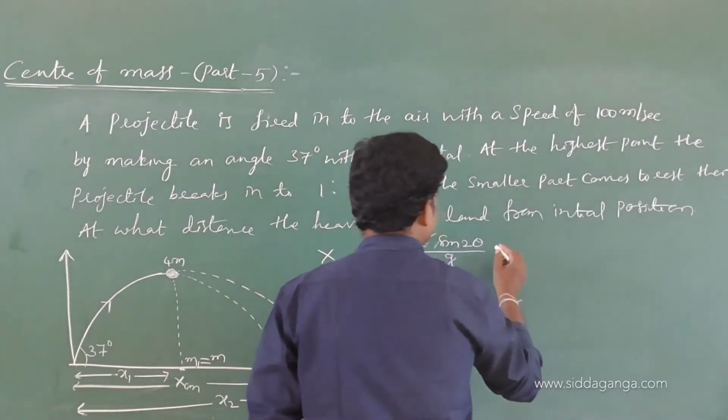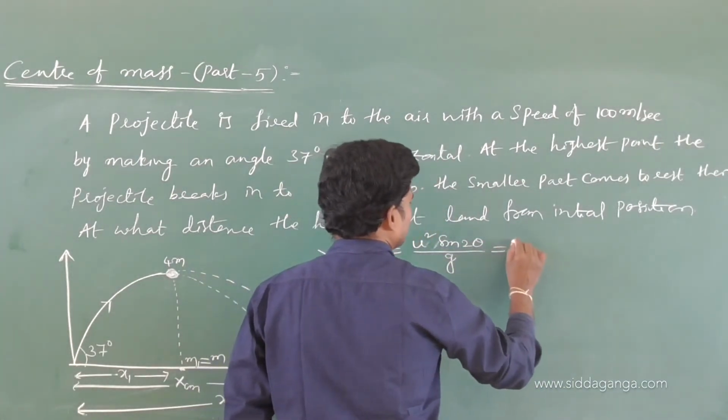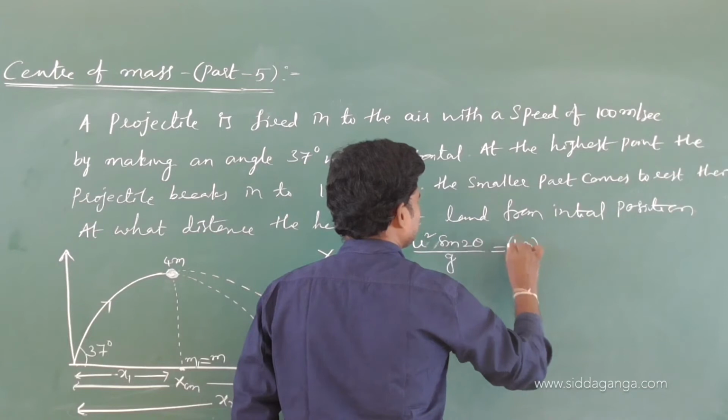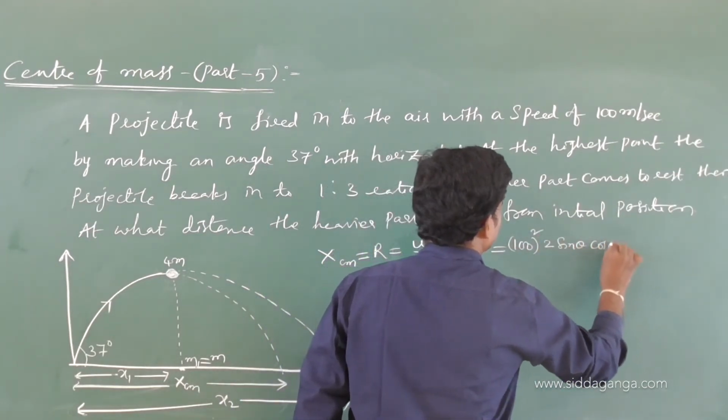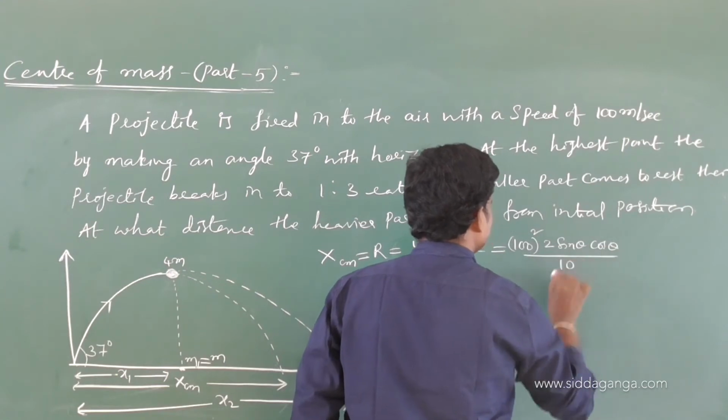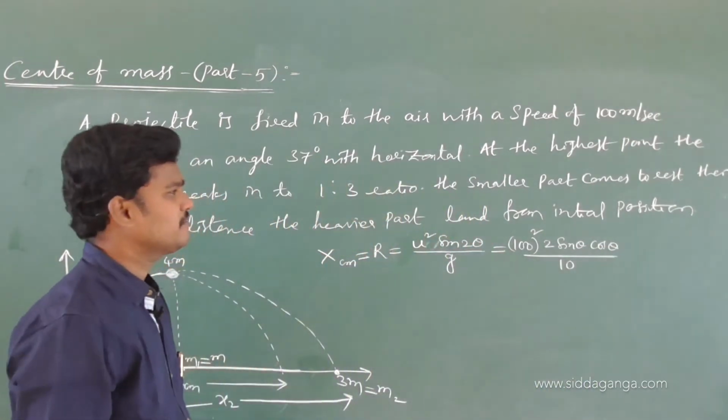Here u is 100, so 100 square sine 2 theta, which is 2 sine theta cos theta, by g. You can take g as 10.